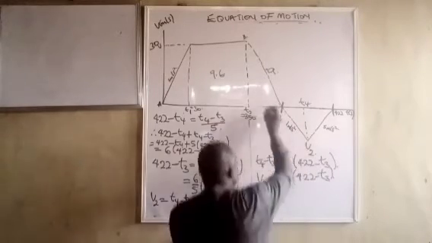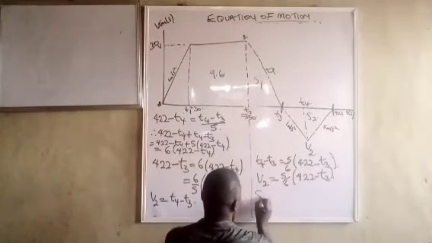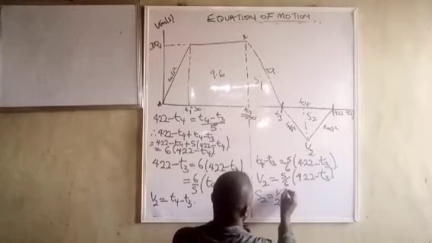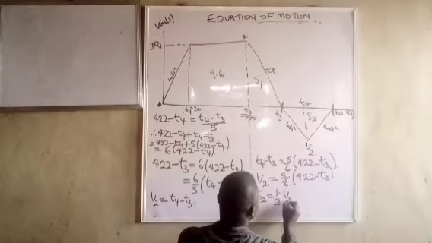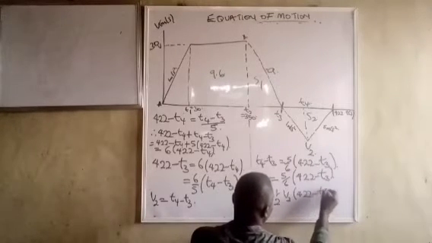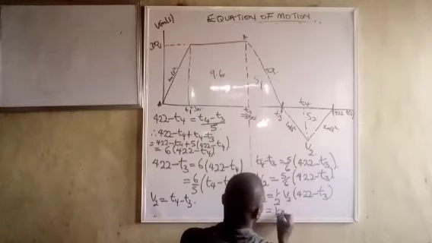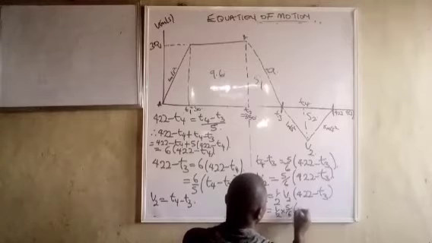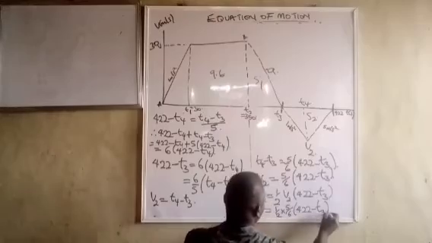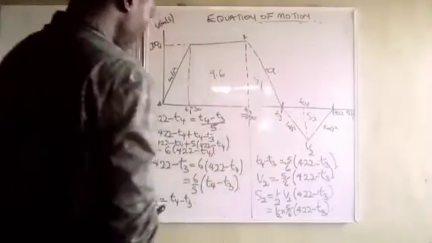So let's call this one S1, S2, the total here. S2 will be equal to half V2 into 422 minus T3, which is going to be half times 5 over 6 into 422 minus T3. That is S2.